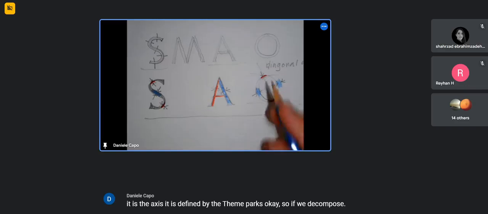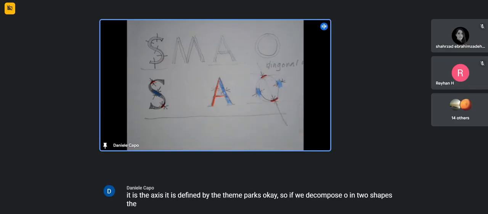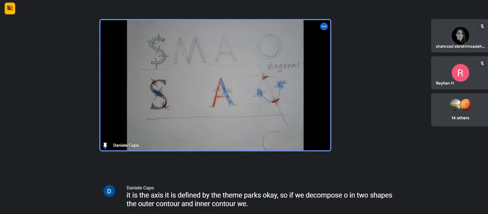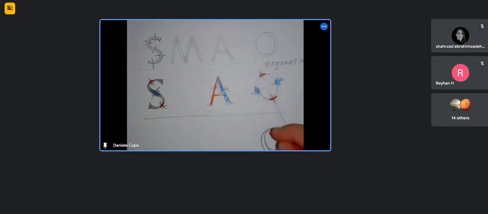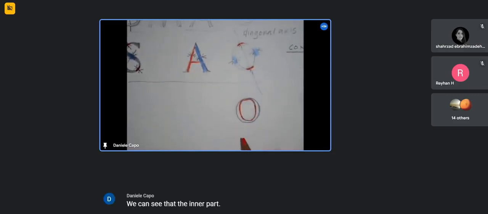So if we decompose O in two shapes, the outer contour and the inner contour, we can see that the inner part appears as if it was rotated or slanted a little bit.